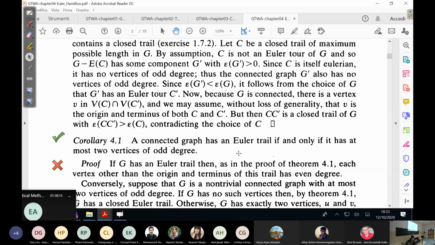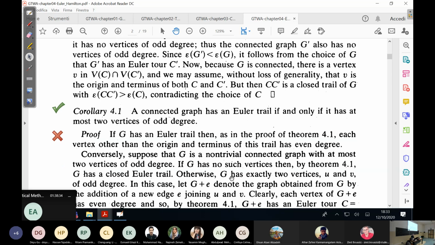If it has no vertices of odd degree, then you have an Euler trail that starts and ends in the same vertex. If you have two, you know that you cannot have one of odd degree, okay? But if you have two, you can have an Euler trail starting from one and ending at the other. Again, no proof.